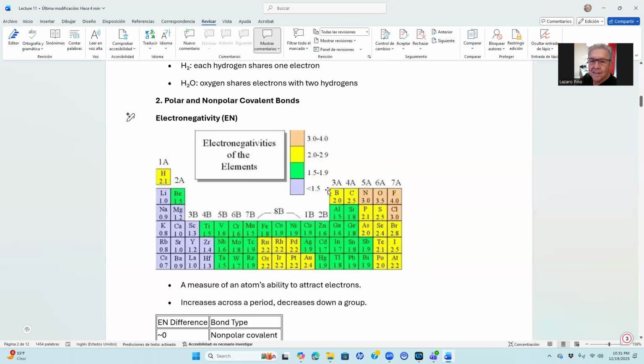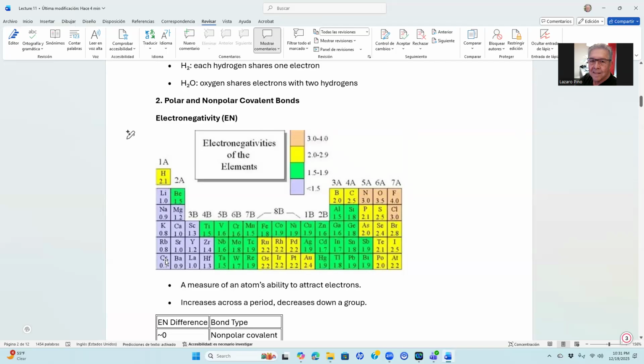So the orange elements, nitrogen, oxygen, fluorine, and chlorine, have electronegativities between 3 and 4. Then they are the most electronegative. In particular, fluorine is the most electronegative element in the periodic table.